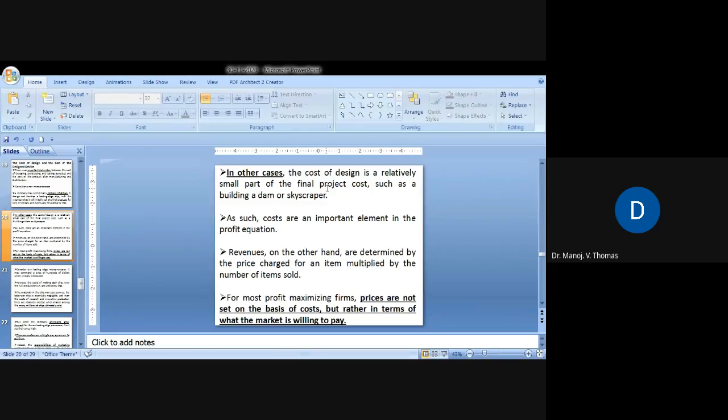But finally, as a result of this investment, as a result of this research and development, if my company is able to come up with a better design or a microprocessor that is faster than all of the available microprocessors in the market, then that is a turning point for my company.